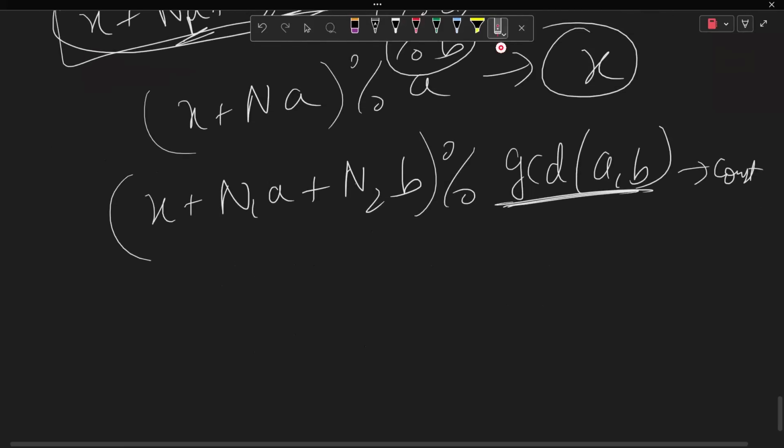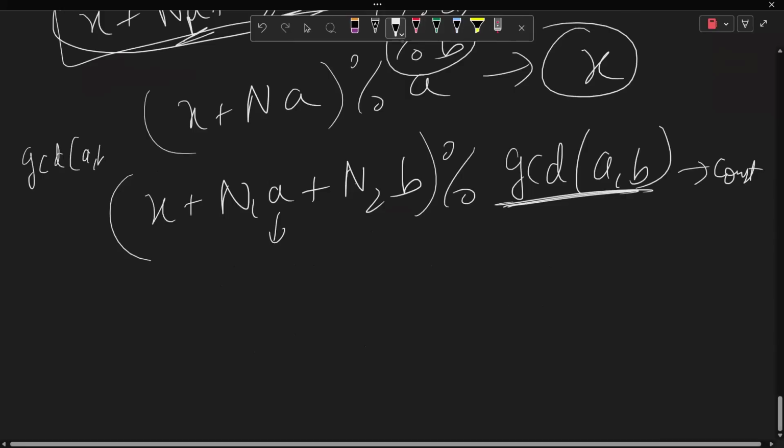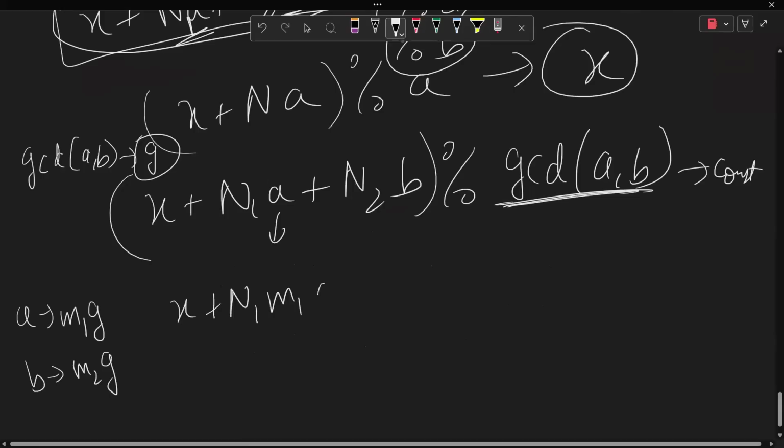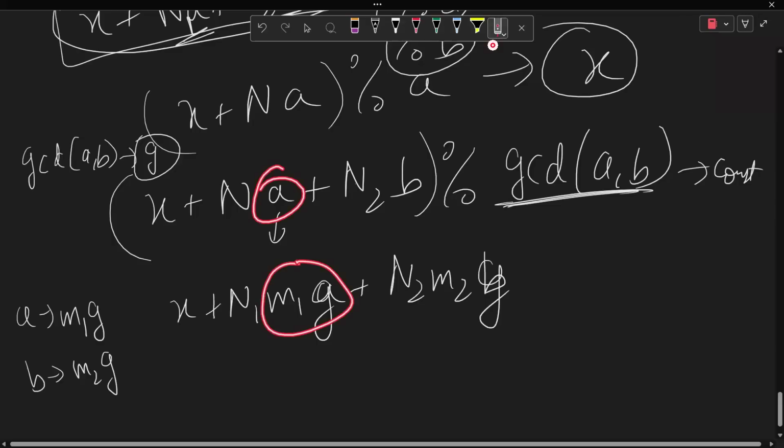Why? Because if you take the GCD of A and B, say G, you can write A as some multiple of G, and you can write B as some other multiple of G. So this simplifies to n1 m1 times G plus n2 m2 times G. So A is some multiple of the GCD, B is some multiple of the GCD, and the GCD is the greatest number for which we can write A and B as multiples.